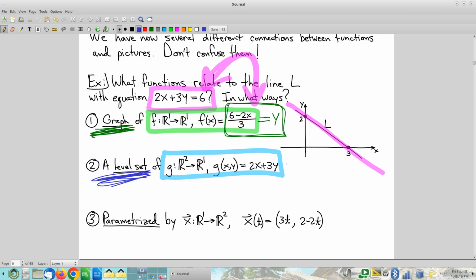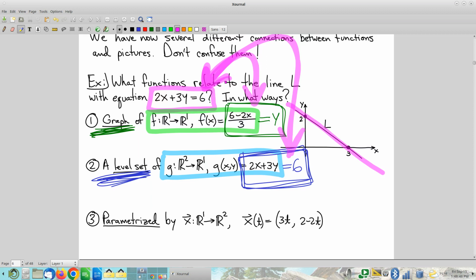Specifically, I'm going to write down the level set where g equals 6. And notice, this is exactly the same equation as we were given. So it's the same line. There's only one picture in this example. This one line is the graph of that function, and it's a level set of this different function.